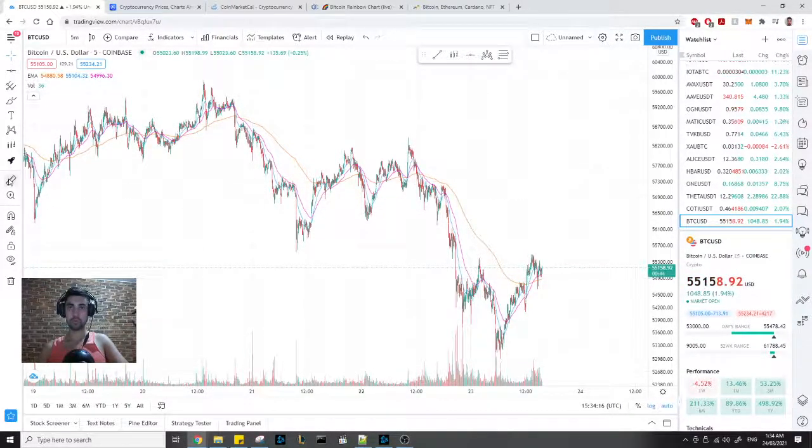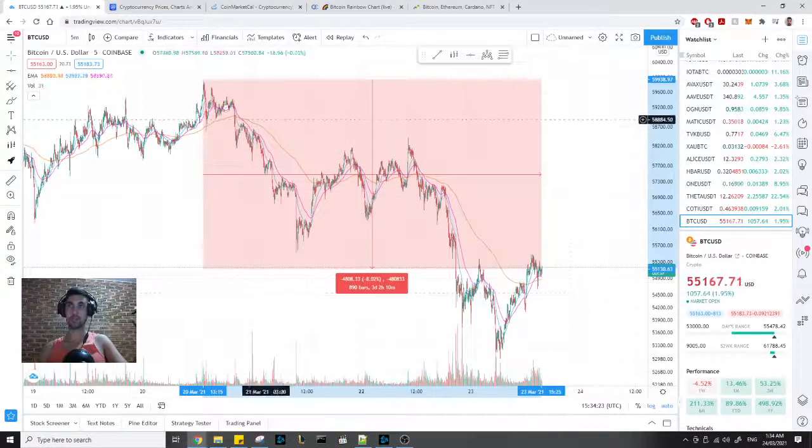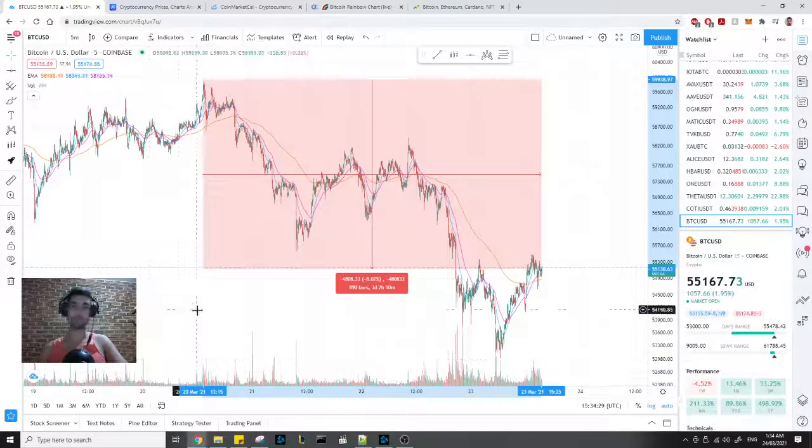The next tool, which is most useful, would be this measure tool. It just allows you to do basic measurements. So from that all-time high, you can see that we've only retraced about 8% when looking at the 5-day charts.